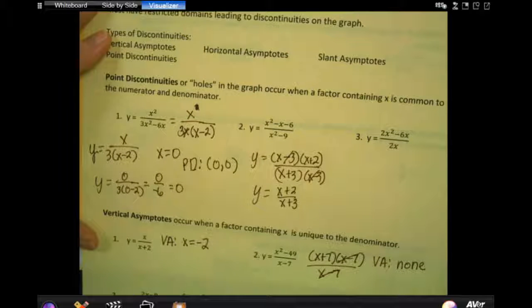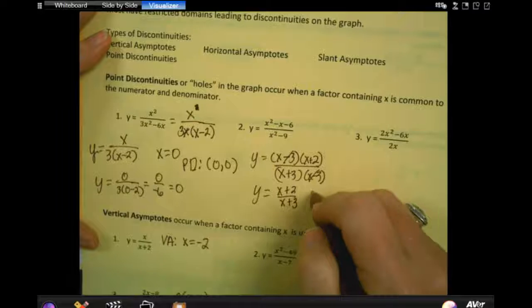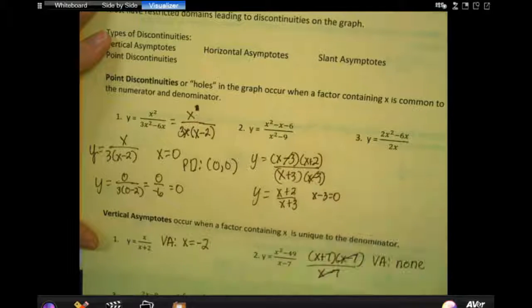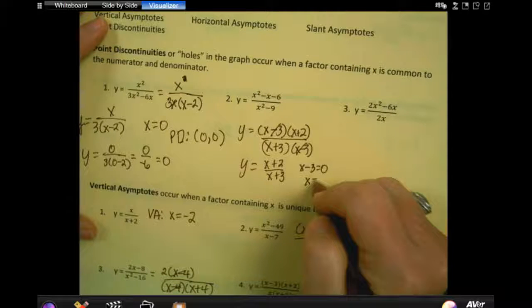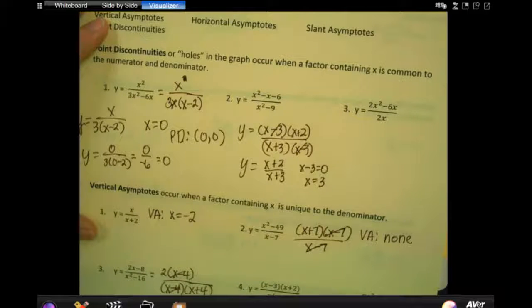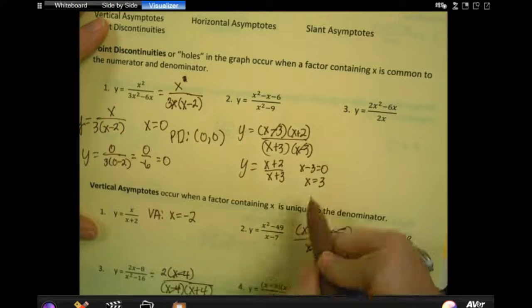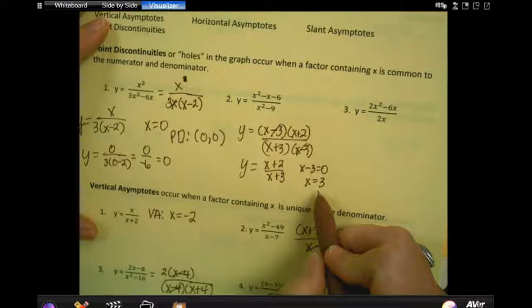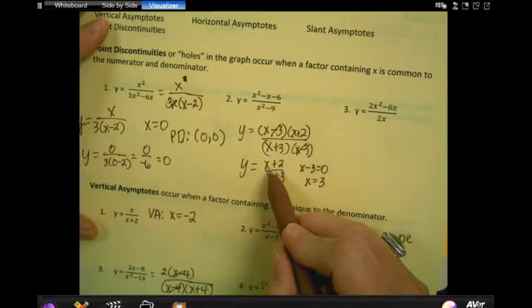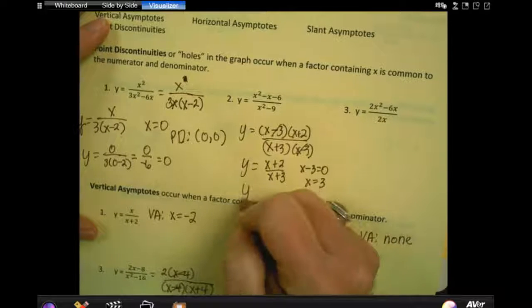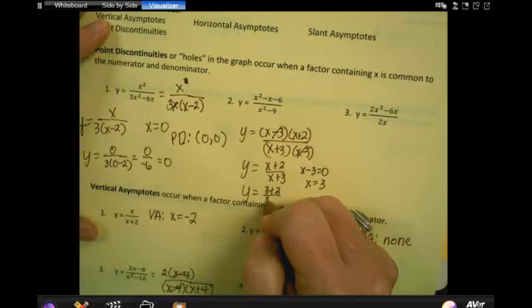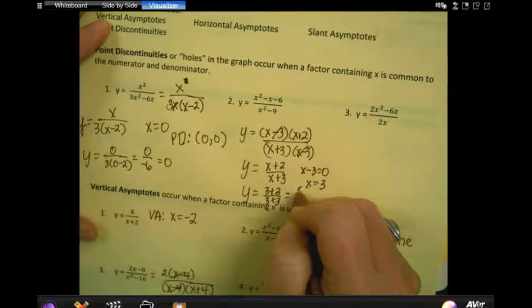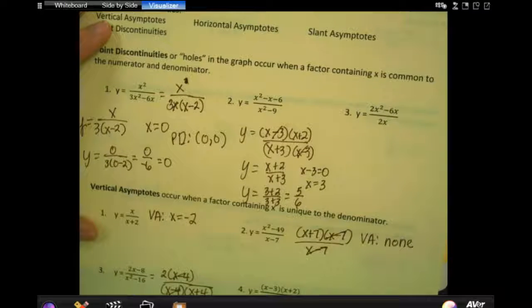So what term did I cancel? So x minus 3, if I set it equal to 0, what does x equal? So that's the x to find it. Now I have to take this 3 and put it in for x. So I'm going to get 3 plus 2 over 3 plus 3, which gives me 5, 6.